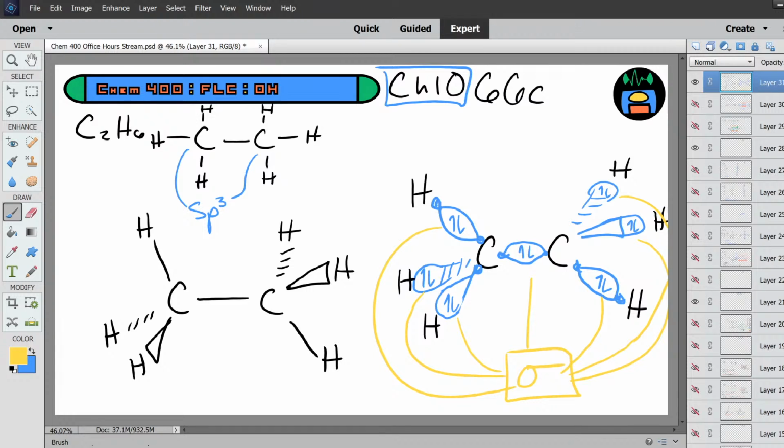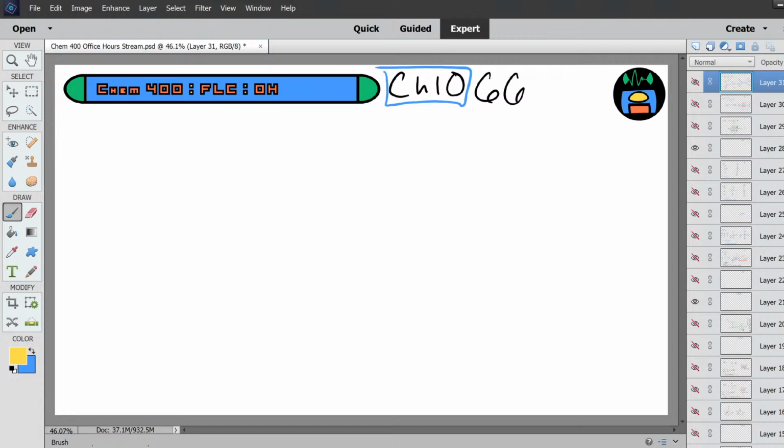Now, let's take a look at 68. So consider the structure of the amino acid, aspartic acid. Indicate the hybridization about each interior atom. All right, they give us a structure here.